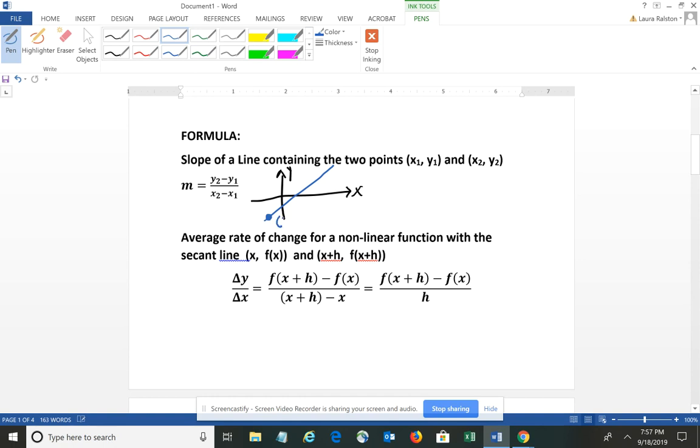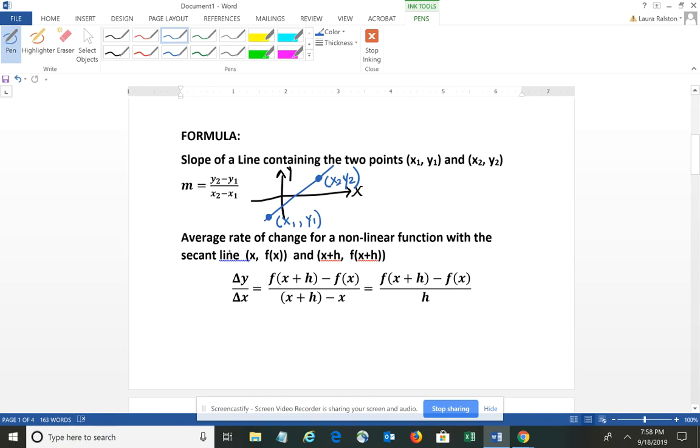So we would have the point x1, y1, and a second point, which is x2, y2. And I hope at this point you do know that to find the slope, of course, you subtract the y's, which is your rise or the vertical change, and then you subtract the x's, which is your horizontal change or your run. Okay, so you're probably already familiar with how to do that.